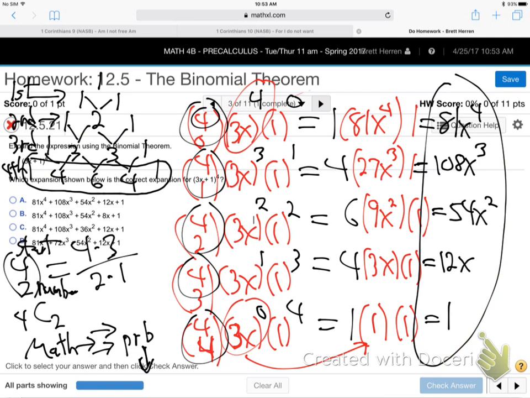Add those up. Those are the terms of the answer to foiling that thing 4 times. Are we good on that? Questions I can answer on that one? So that's the binomial theorem.